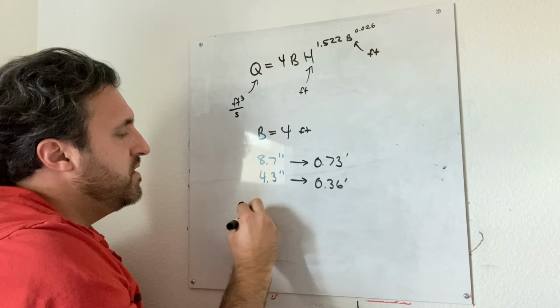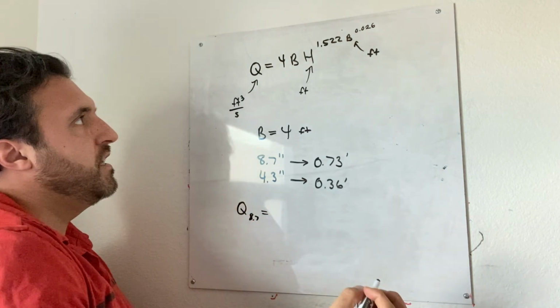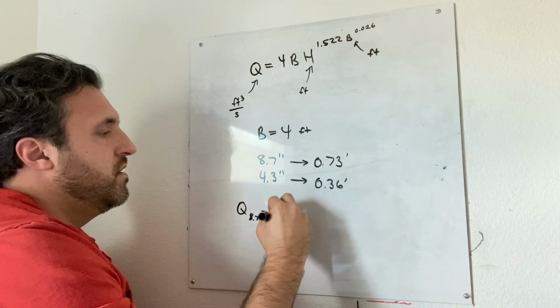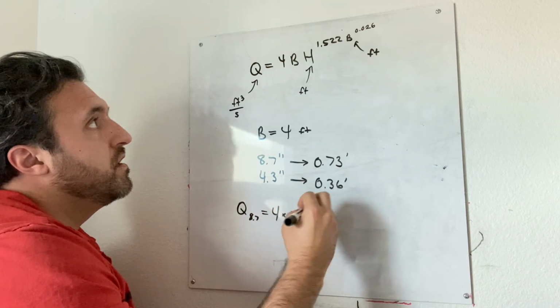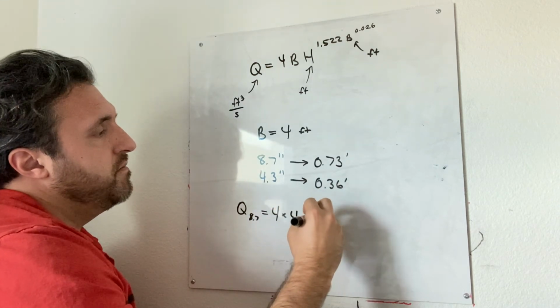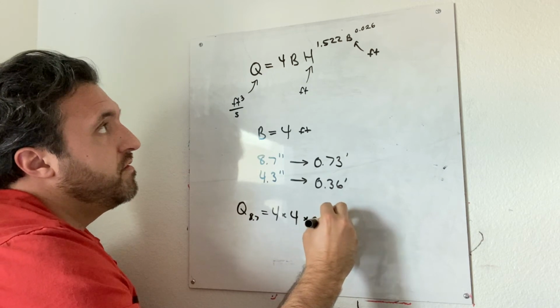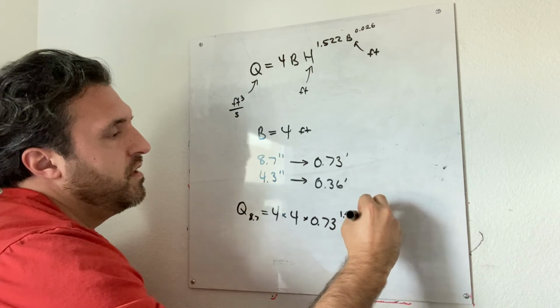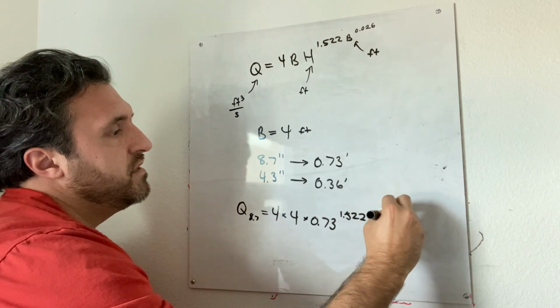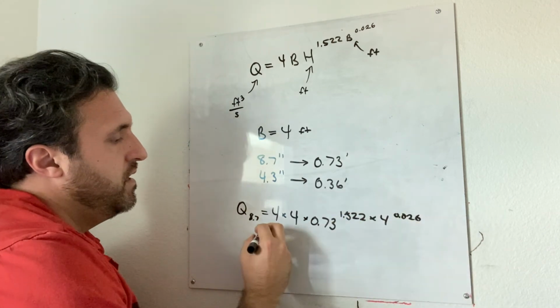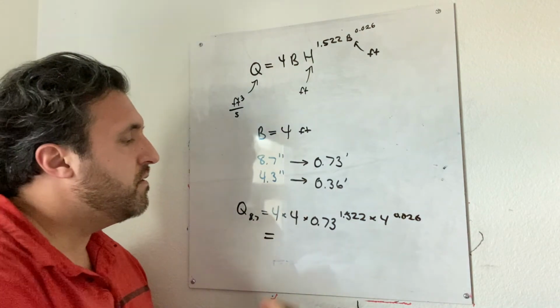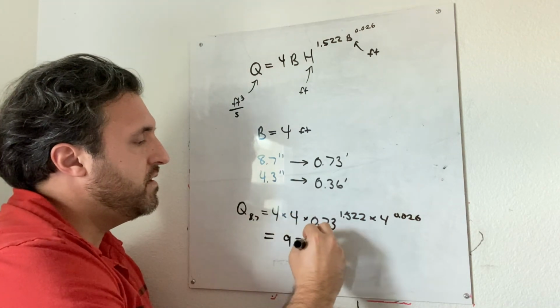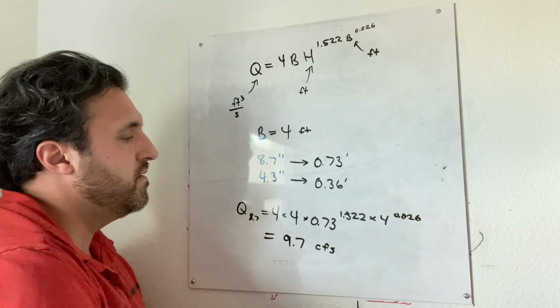Q for the 8.7 inch reading is equal to 4 times 4 times 0.73 raised to the 1.522 times 4 raised to the 0.026. That gives a value of 9.7 cubic feet per second.